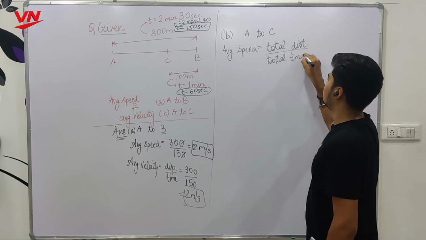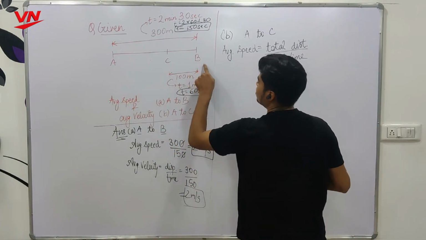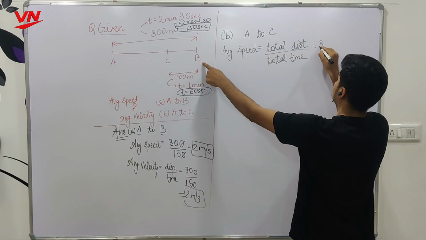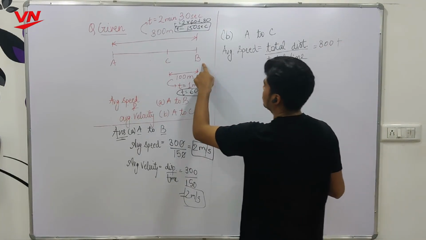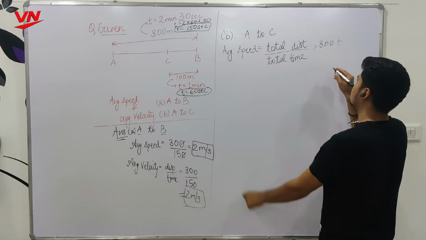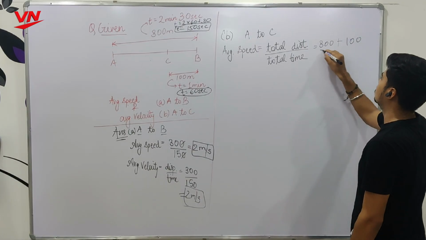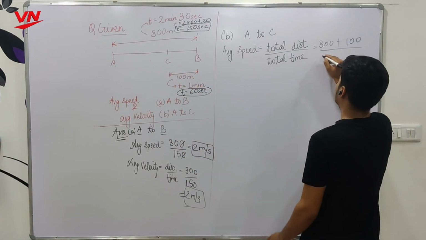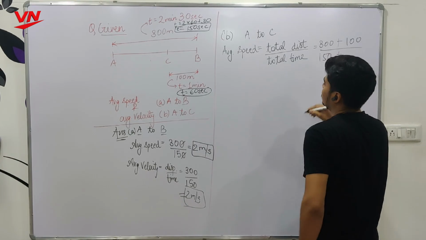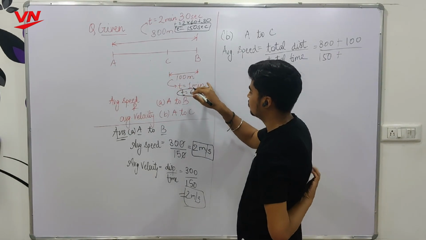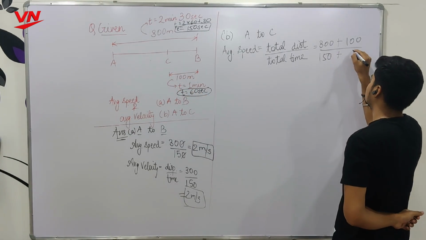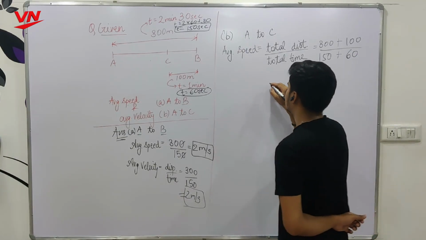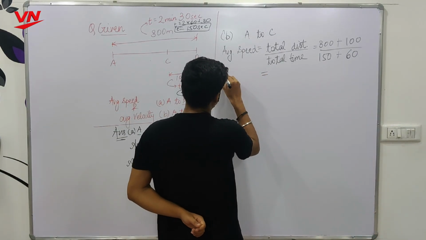What is the total distance? From A to B the distance is 300, and from B to C the distance is 100 meter. The total time is, from A to B it will take 150 seconds, and from B to C it was 1 minute, which is 60 seconds. Just add up the things and you will get the average speed.